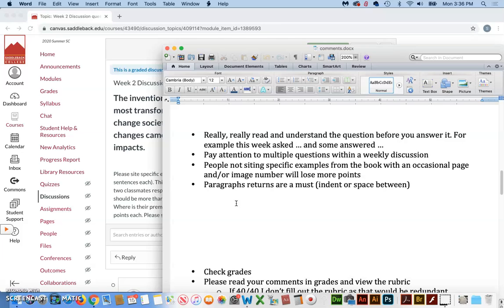So, basic English 101: when you complete a paragraphical thought, you indent the start of the next paragraph or put a space. A lot of people think it still shows up because they ended and went to the next line. But sometimes this paragraph goes all the way to the edge and then this one starts. So please, the basic way to answer a question with paragraphs is to indent or put a space between paragraphs.